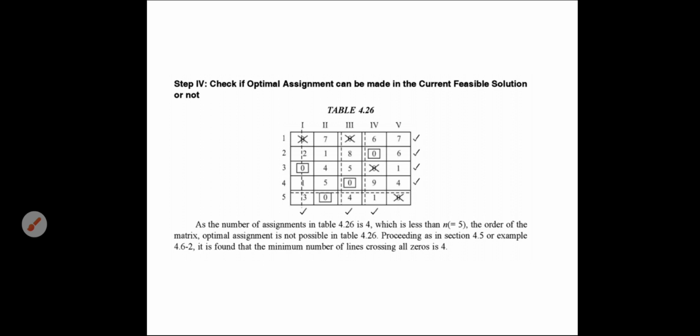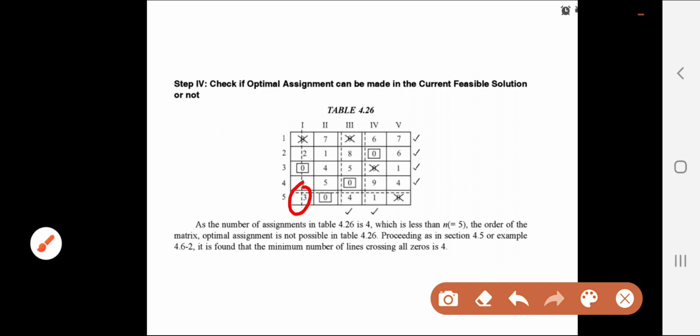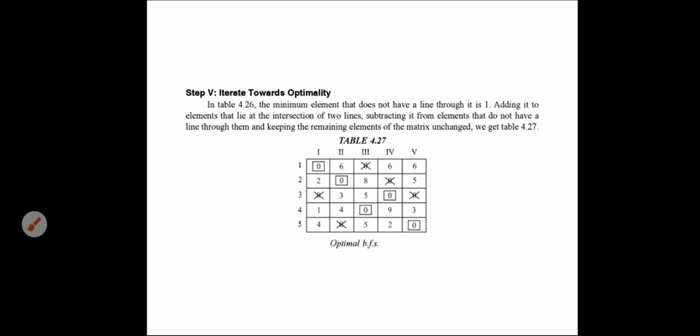Also you add this 1 to the elements at the intersections of these lines. For 4 lines there are 3 intersections, so you add 1 to those values: 3 plus 1, 4 plus 1 and 1 plus 1, and write them down. The remaining cell values remain the same.